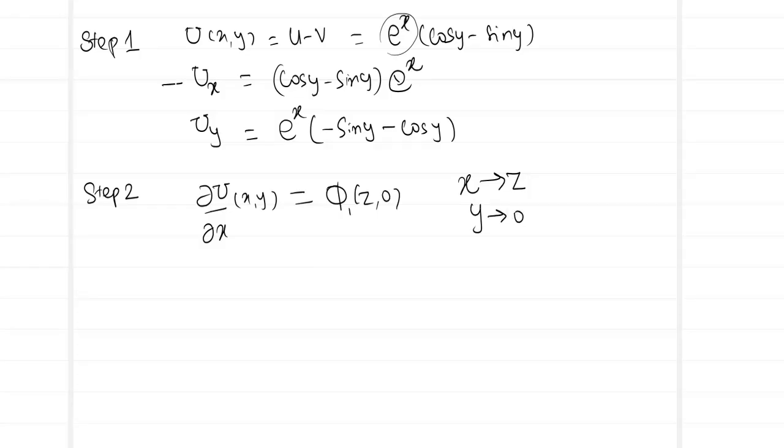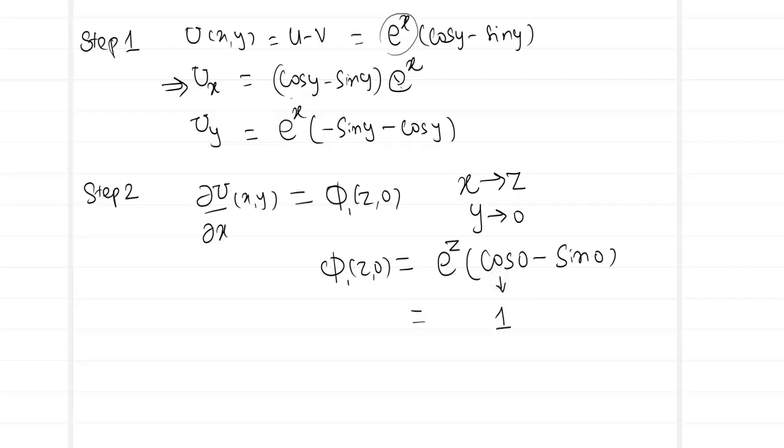So I replace x with z, and this becomes e to the power of z into cos 0 minus sine 0. What do we know about cos 0? Its value is 1. And sine 0 is 0. So I have got my phi 1 of z comma 0 to be equal to e power z.